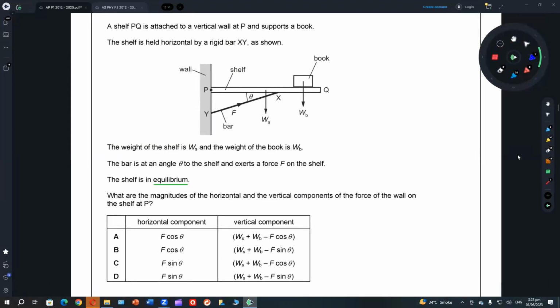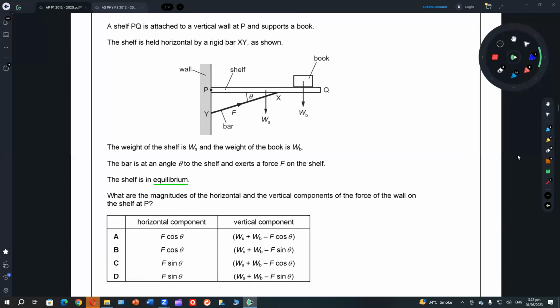What are the magnitudes of the horizontal and vertical components? What are the horizontal and vertical components of the force of the wall on the shelf at P? Okay. So the examiner wants to see the horizontal and vertical components of the force of the wall.